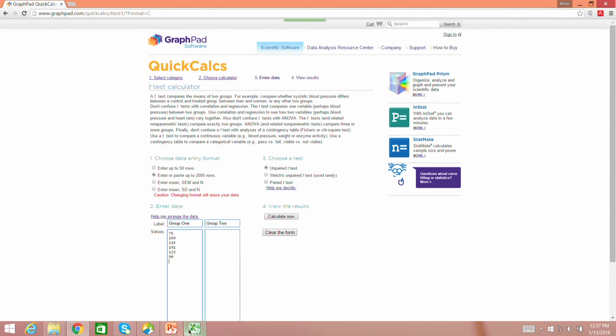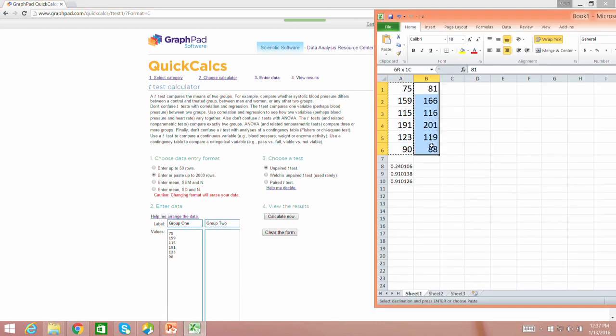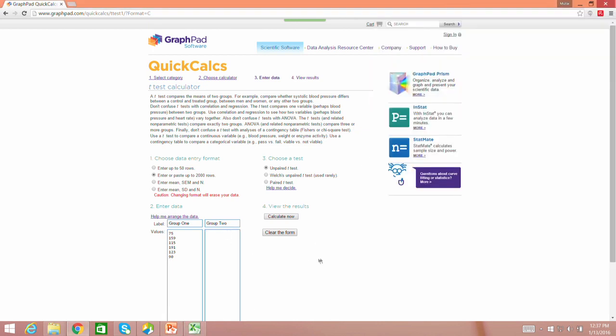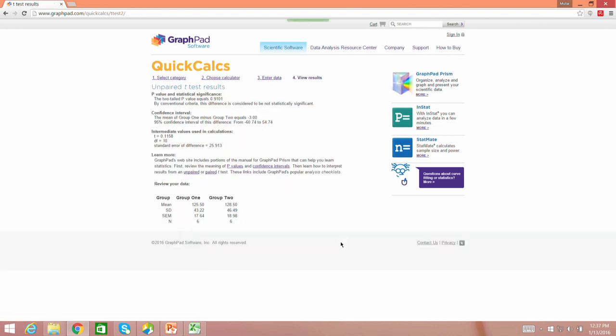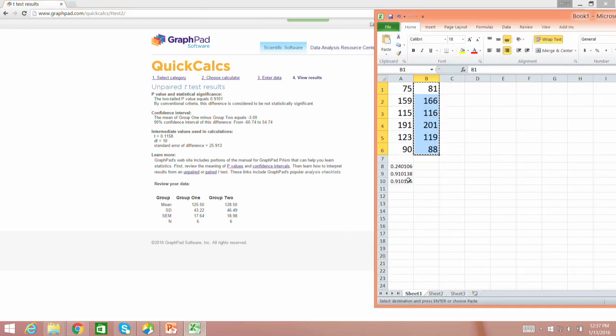Then we will again go to the Excel, we copy another data set, okay, calculate now. It is not statistically significant here, okay. So, it is giving 0.91 as the p value, okay, 2 tailed p value equals 0.91, okay, that is here as it is given here, 2 tailed p value.